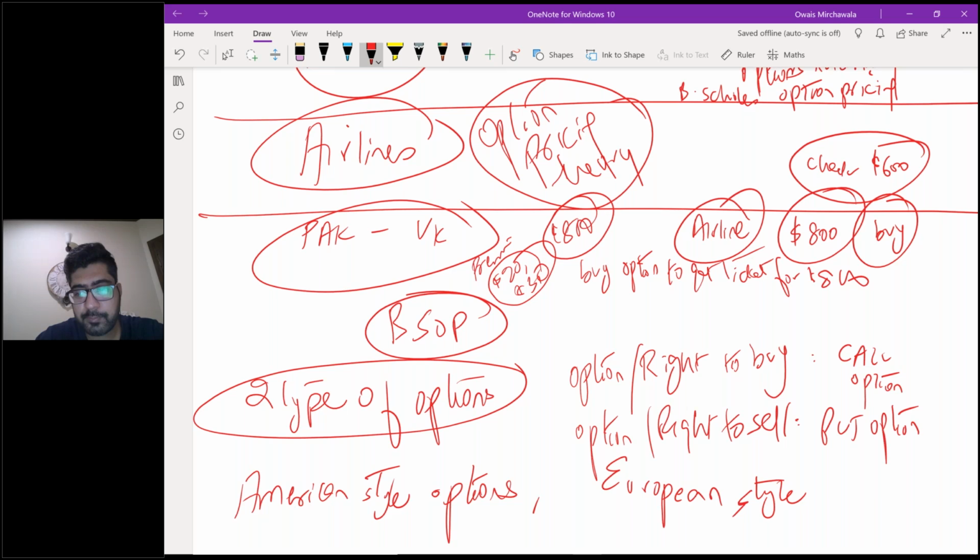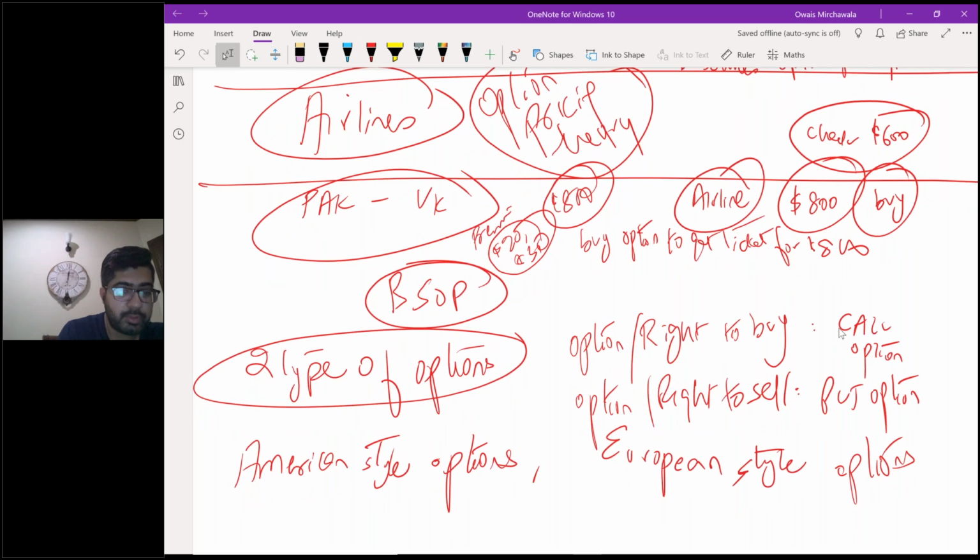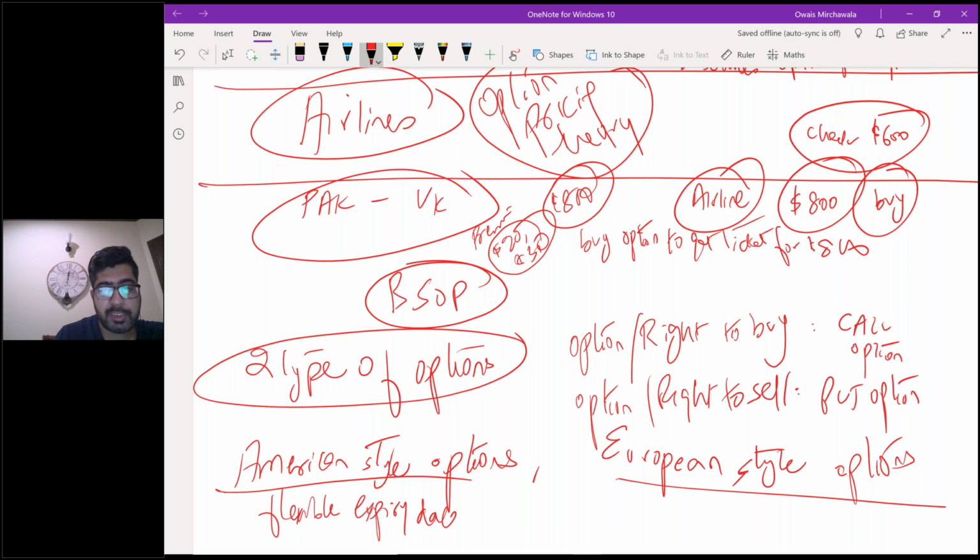The only difference between these two is that both give a right protection to the investor. American style options have a flexible expiry date. European style options have a fixed expiry date.